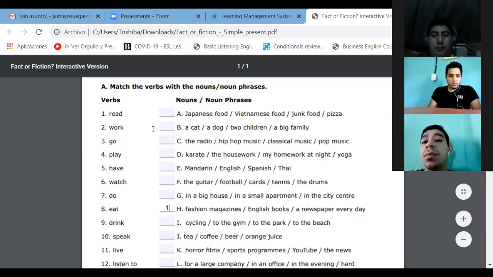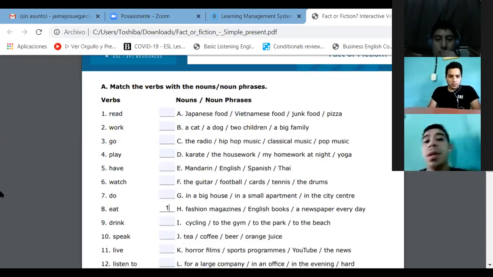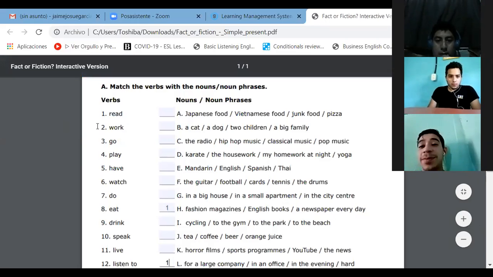Guille, continue. Work. Letter L. Yes, you work for a large company. You work in an office, you work in the evening, or you can work hard. Okay?